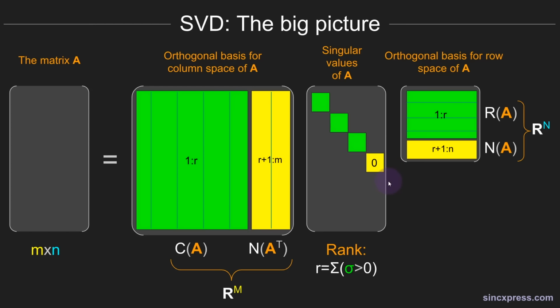If you look at this slide and you feel intimidated and a little bit overwhelmed, then that is completely normal. This slide shows the big picture of the SVD, or the singular value decomposition. The SVD is one of the most important and versatile decompositions in all of linear algebra.